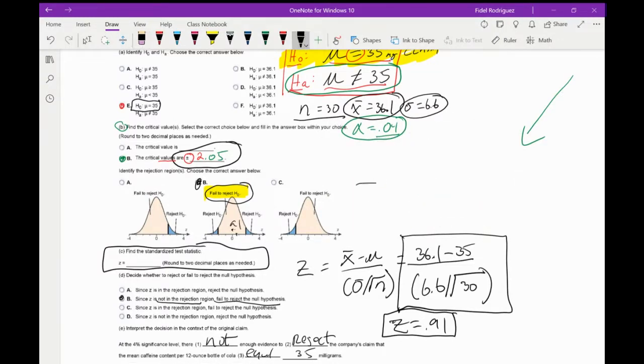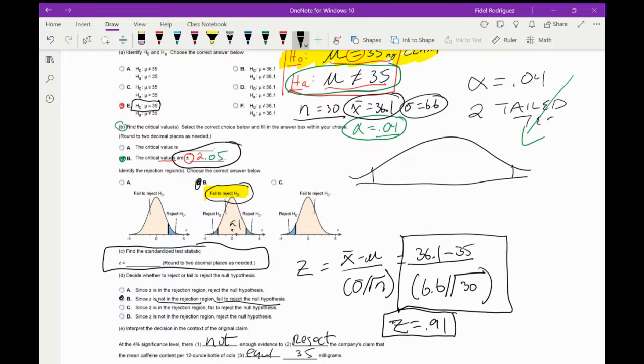Okay. So we had our graph that looked like this. Our alpha was 0.04, but because this was a two-tailed test, we had to put 0.02 here and 0.02 here, right? And we came up with our two critical values, which were a negative 2.05 and a positive 2.05.